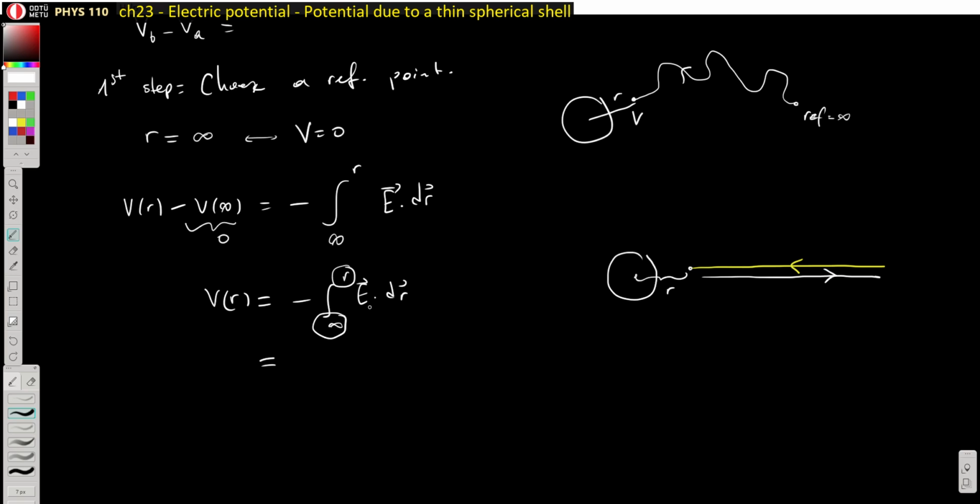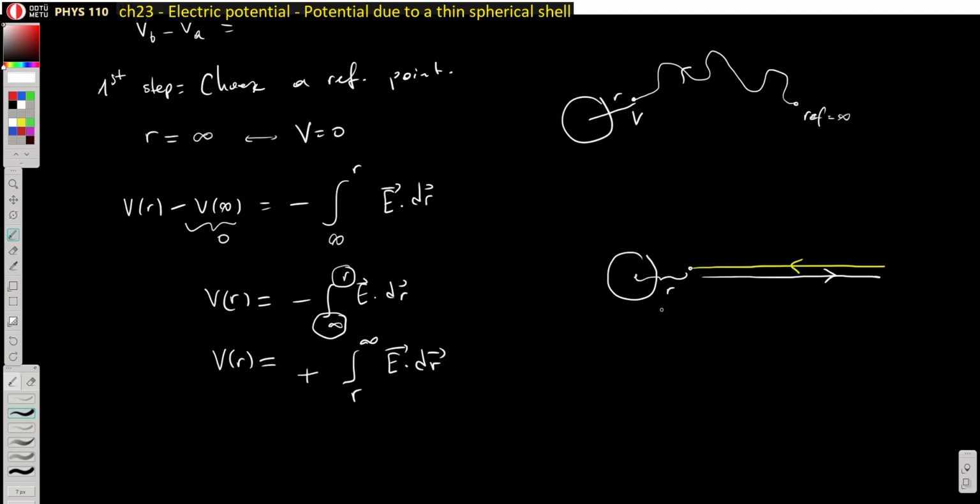So if I switch the places of these two, my integral becomes an integral with a positive sign in front, an integral from r to infinity. These kinds of tricks work in here too, so don't worry about them. Just keep in mind that you're essentially changing the path direction, and you can easily convince yourself that this gives us the correct expression for the potential at r.